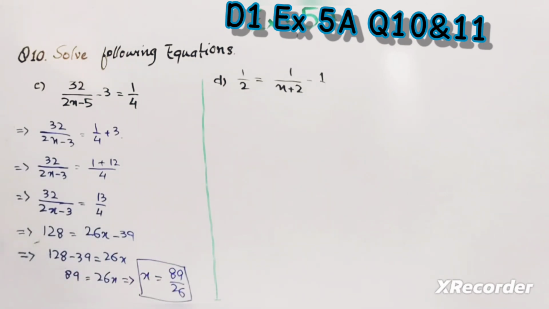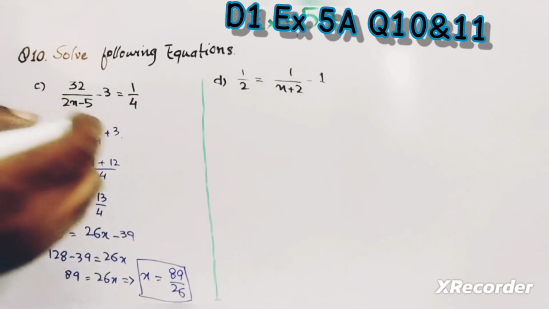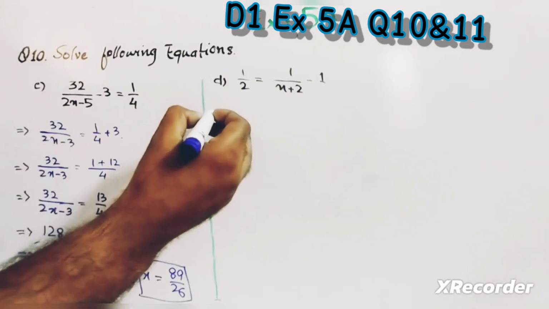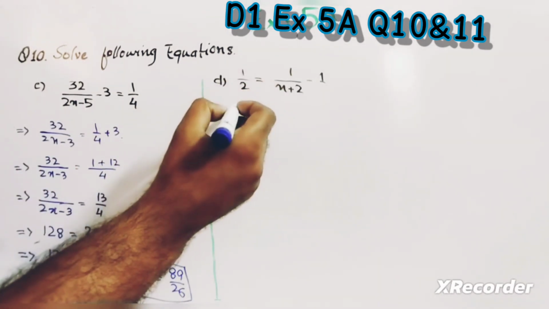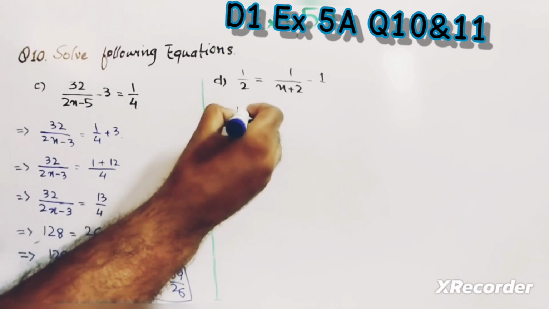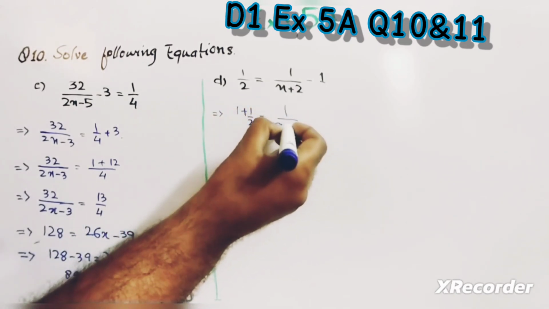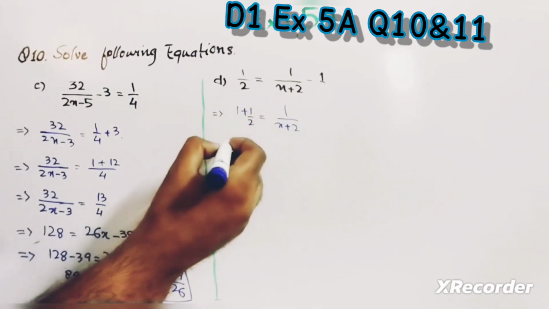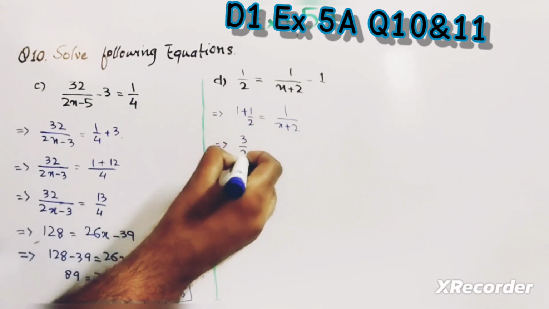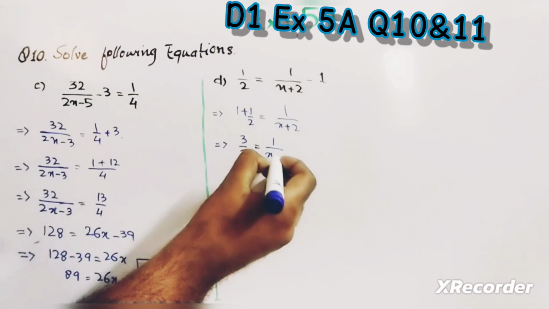Now moving to part D, 1 upon 2 is equal to 1 upon x plus 2 minus 1. Now just by starting moving minus 1 on this side, we get 1 plus half, 1 plus half is 3 upon 2 is equal to 1 upon x plus 2.